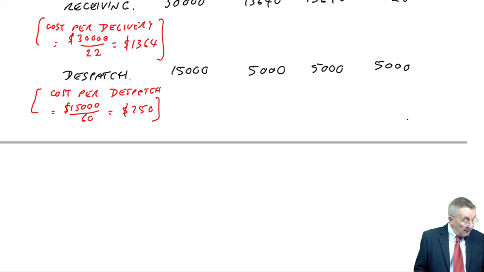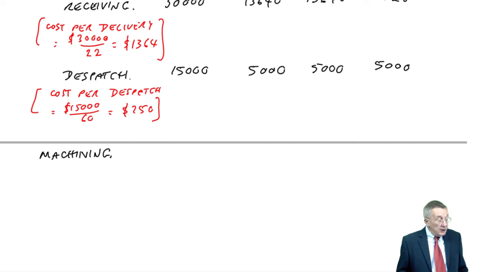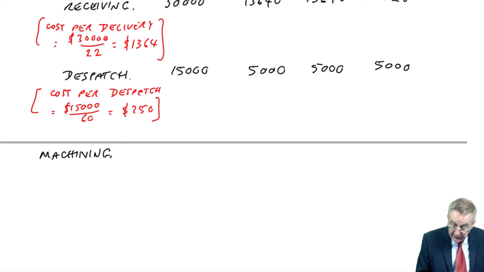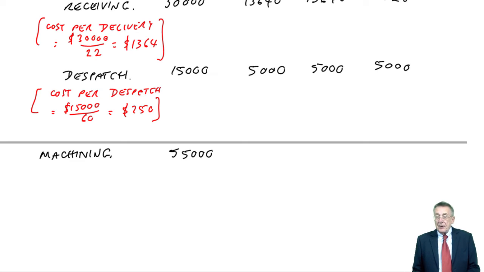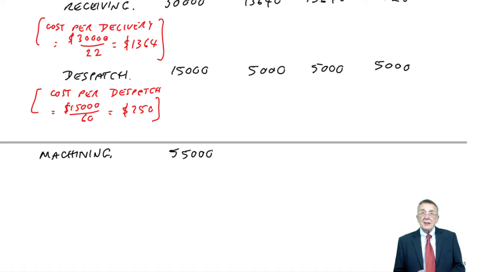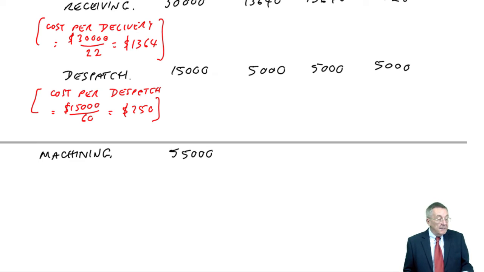Finally, though, the last overhead is machining. The total is 55,000. And it's here that some people make a rather silly mistake, because it's started to become rather automatic.